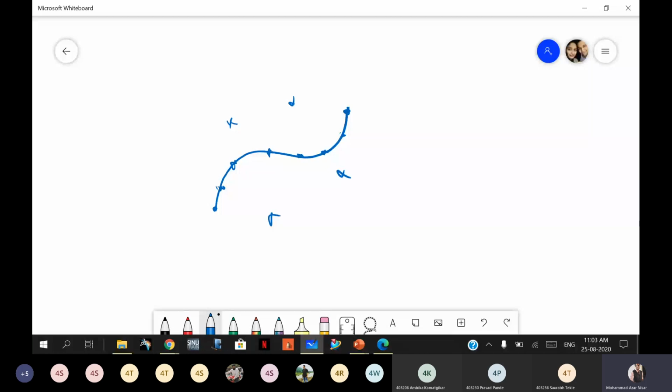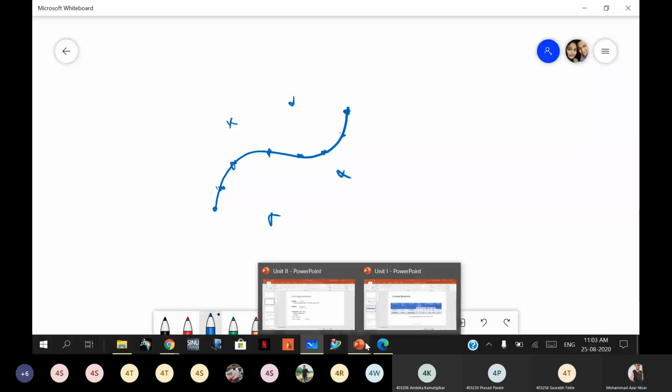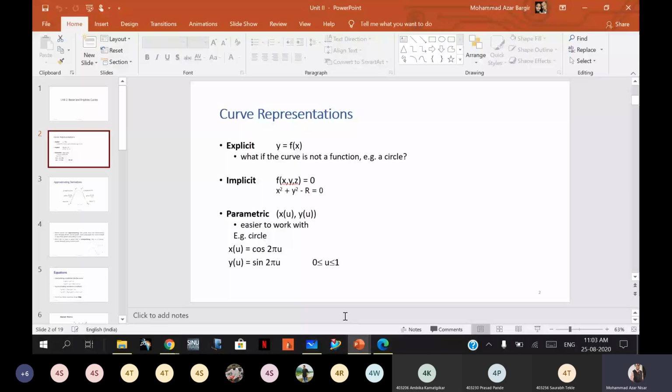Then the next type of basic curves is explicit curves. Explicit curves are the curves for which, for each value of x, only a single value of y is normally computed by the function. So in this you can see y equal to f of x, and in the case of implicit curves, it is f of x, y, and z.